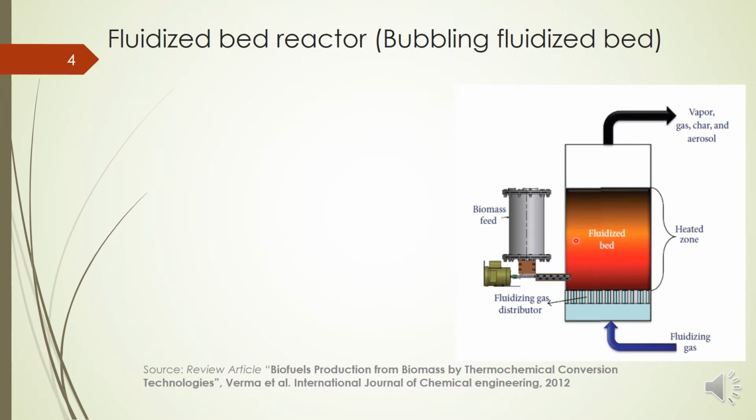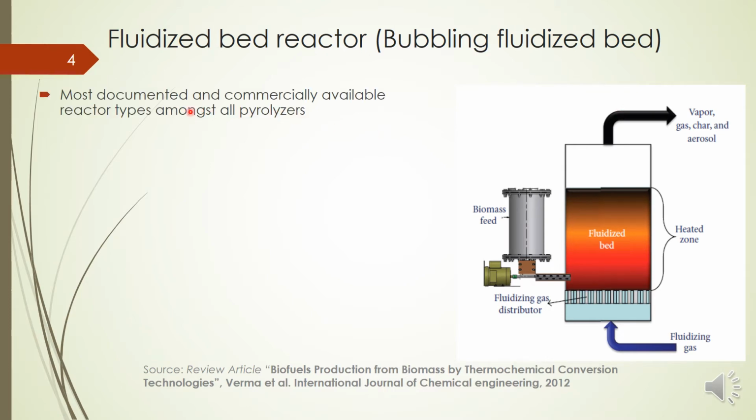We fluidize the bed, and mostly the bed material will be sand, etc. We use a fluidizing gas to make this bed fluidized, and biomass will be fed at the bottom, not at the top like the fixed bed. So our biomass also will be in the fluidized state, and the gas and char etc. will go through this outlet.